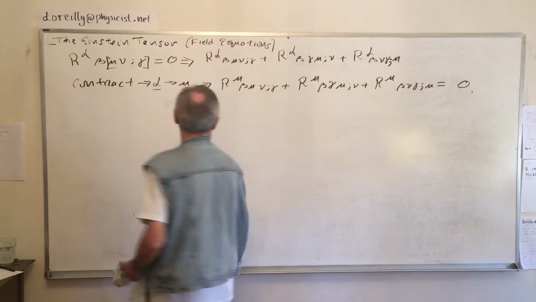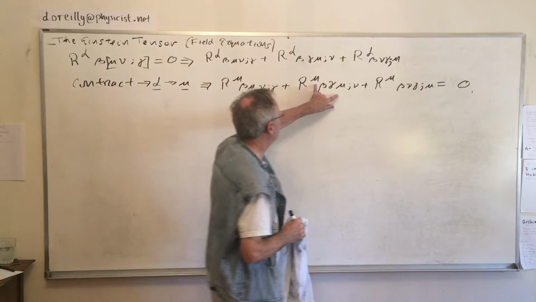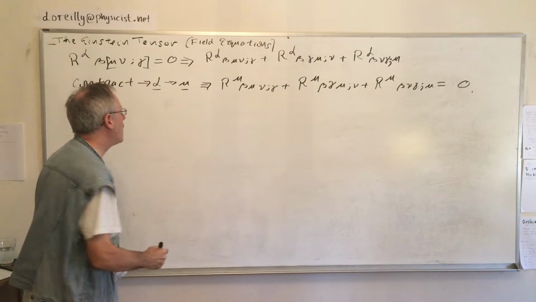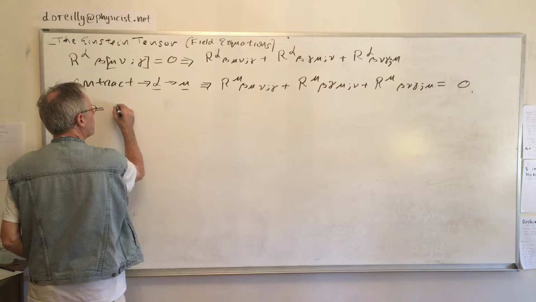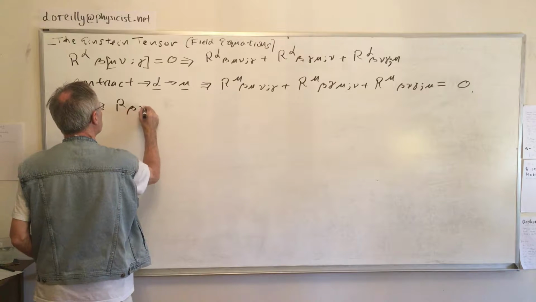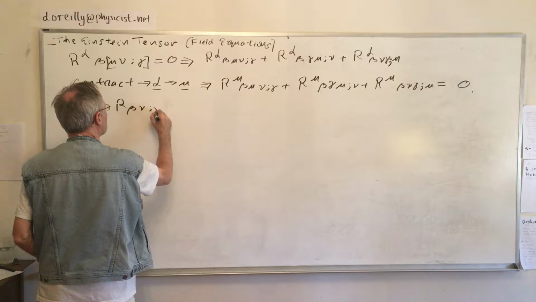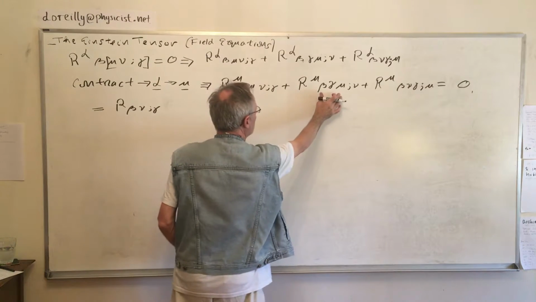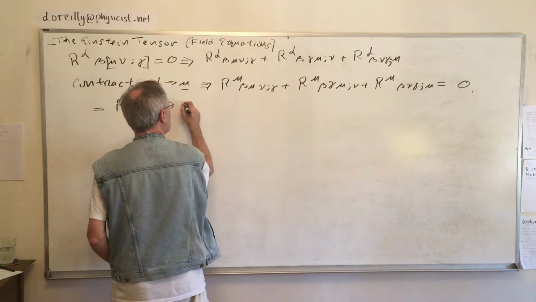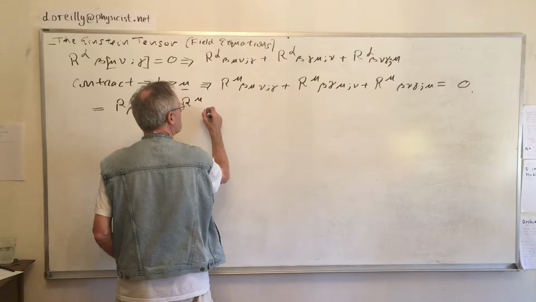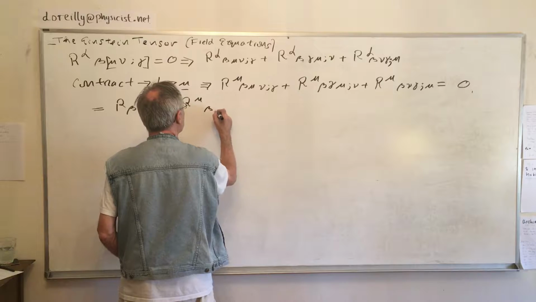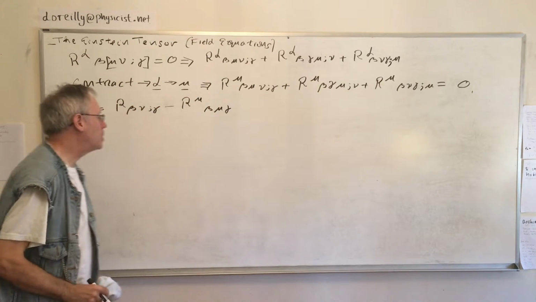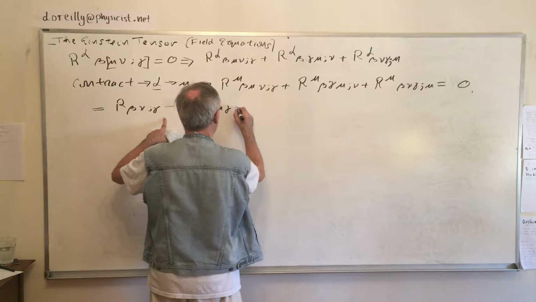So when we contract or sum over the mu's, an upper and a lower, you have to have an upper and a lower in this index to contract, we get the following. We get a Ricci tensor. We get another one. But I'll swap these two guys and remember the antisymmetry in the two indices, we pick up a minus sign.